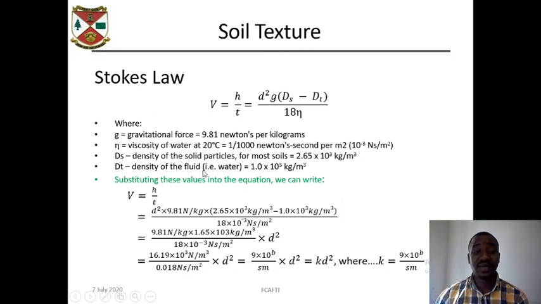Now, if we substitute these values, 9.81, the viscosity of water, 2.65 times 10 to the power 3, and 1.0 times 10 to the power 3, in this equation we'll get this. And if we simplify this, we'll get k equals 9 times 10 to the power p divided by centimeters.